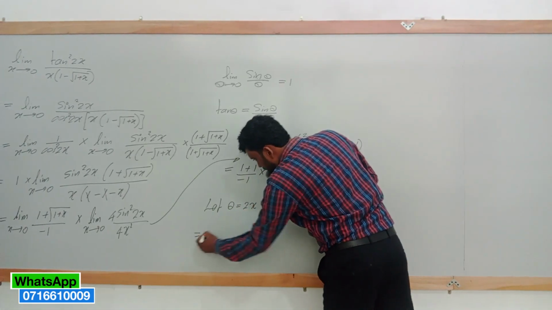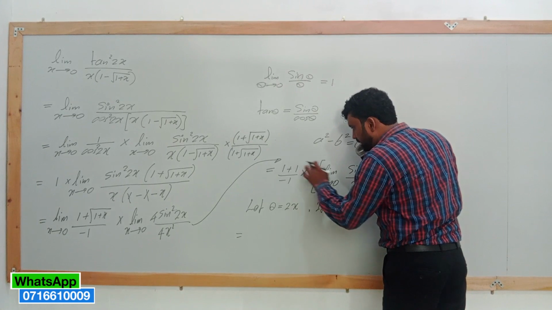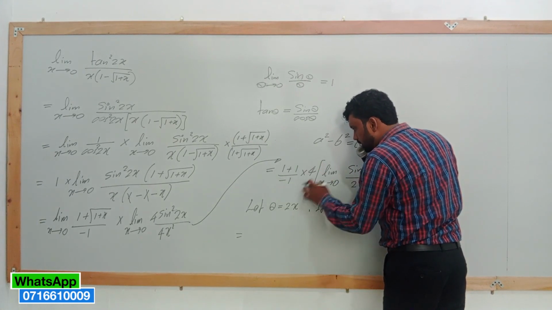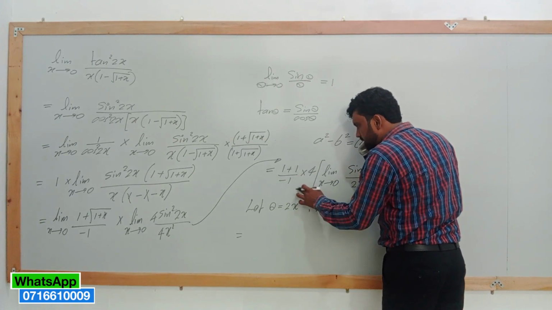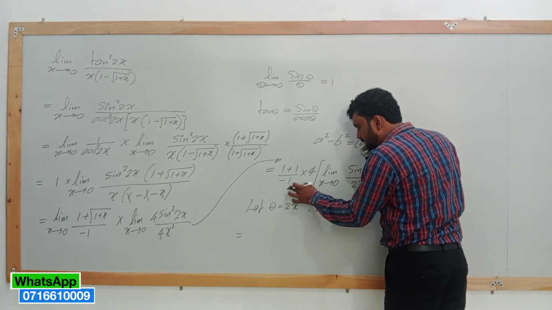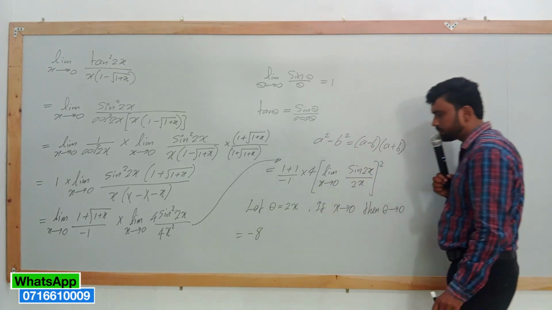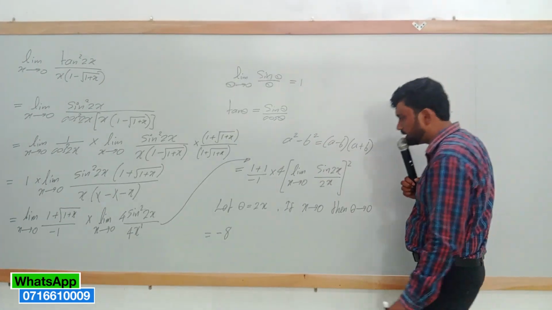Therefore, here minus 2, here 2, and here 4, and minus 8. Totally minus 8: 2 into 4 is 8, divided by minus 1. Here minus 8.